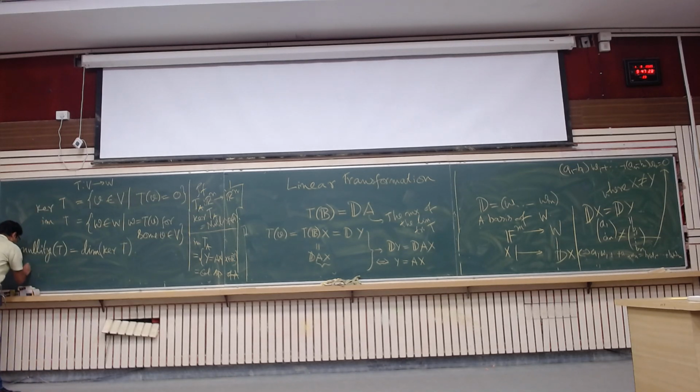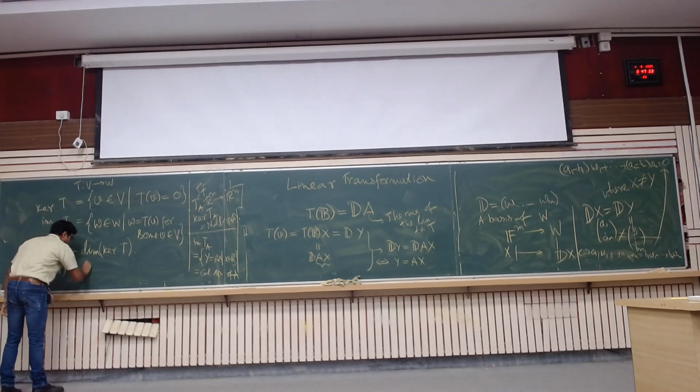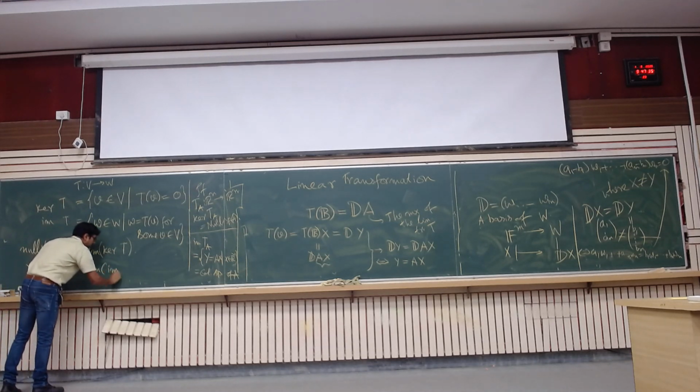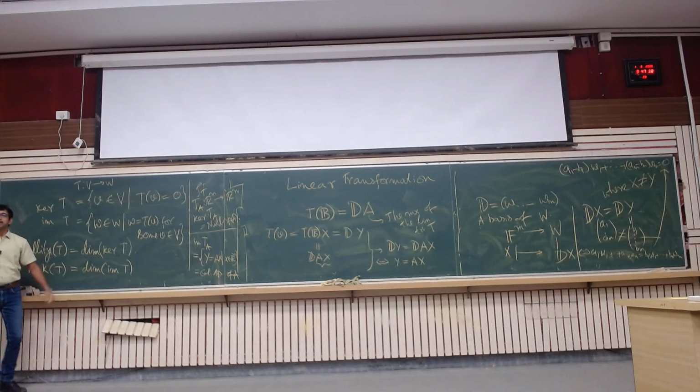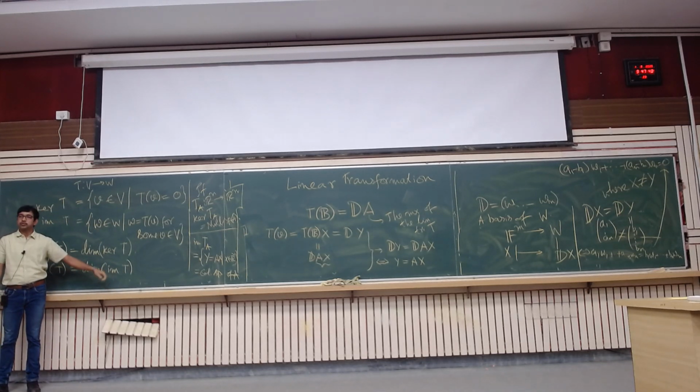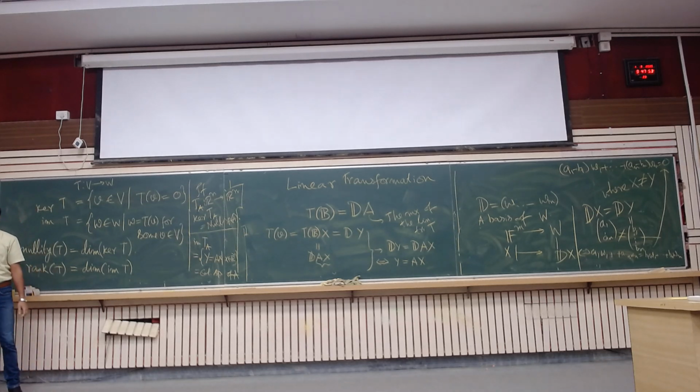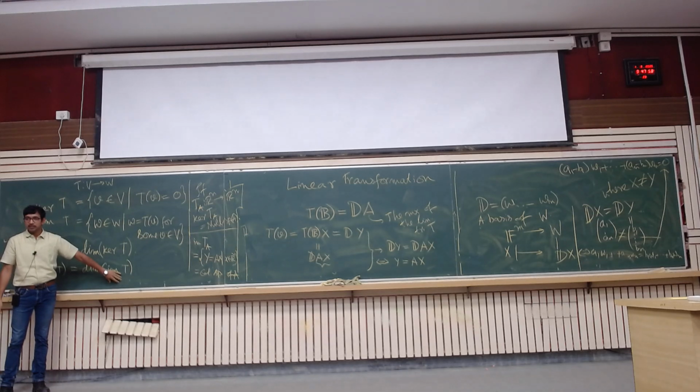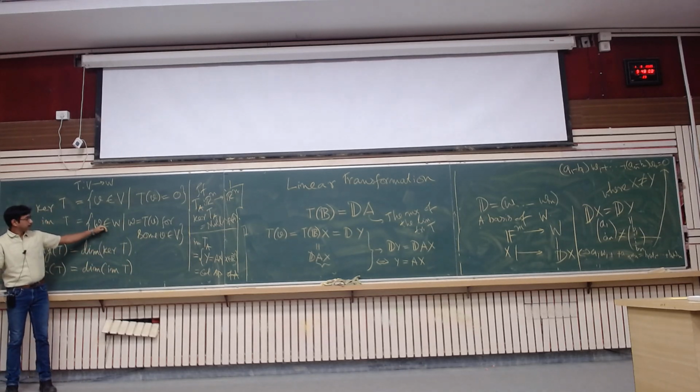And then the rank of T is equal to the dimension of the image of T. Again, that means the image of T is a subspace of W, right? Samarjit, why is this a subspace of W? Take any linear combination of the elements here as well. Suppose w1 and w2 are both in the image.